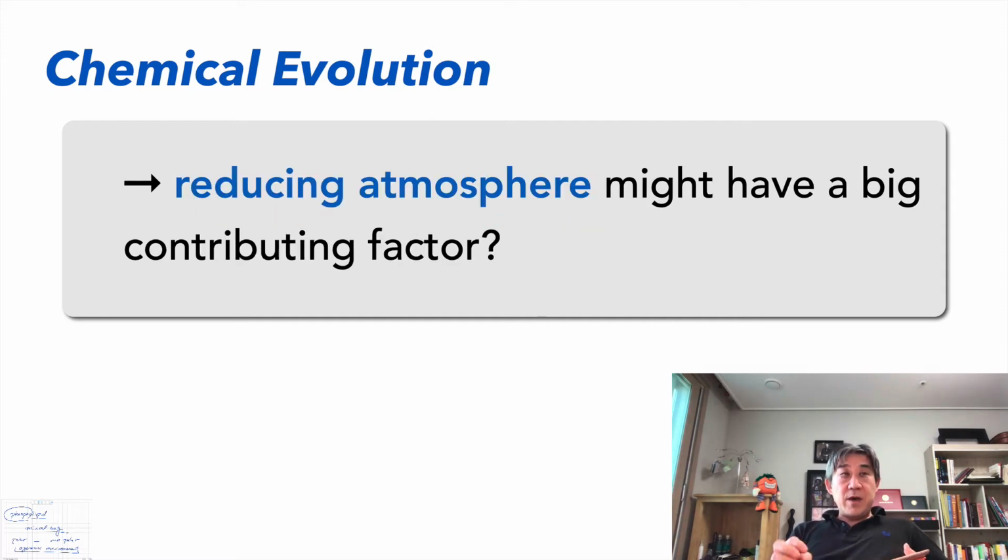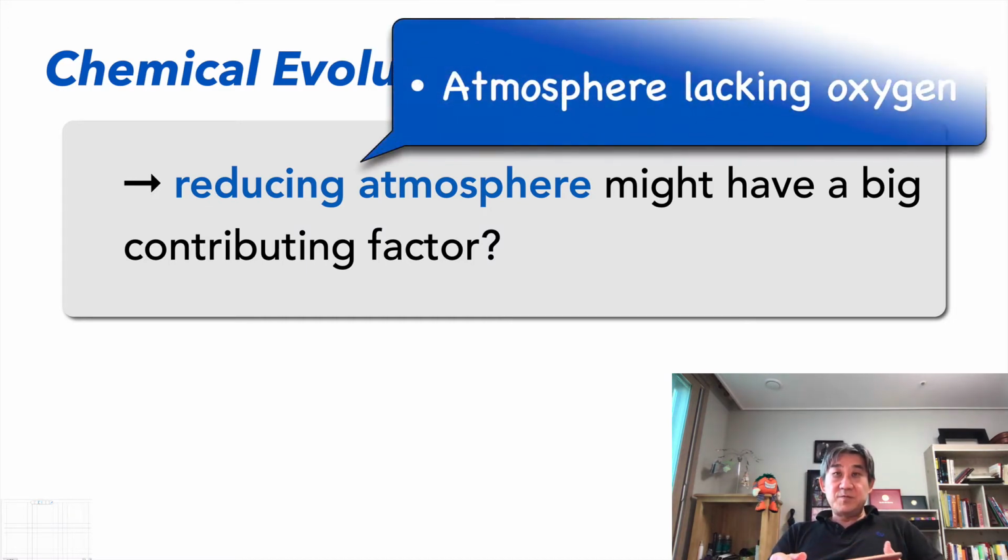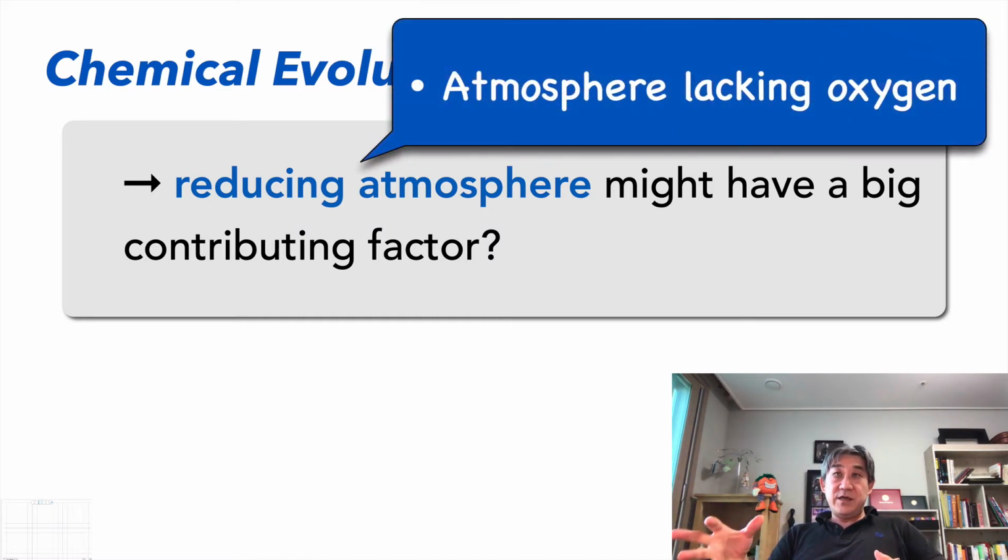So for that matter, the particular environment of the early Earth, which we believe was a reducing atmosphere, might have had a big role in such an event to happen. A reducing atmosphere is not familiar to us these days.